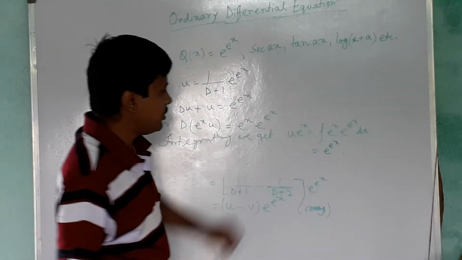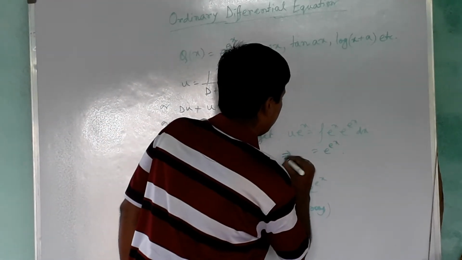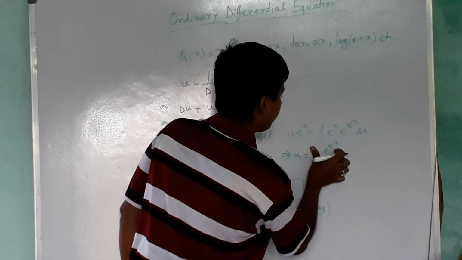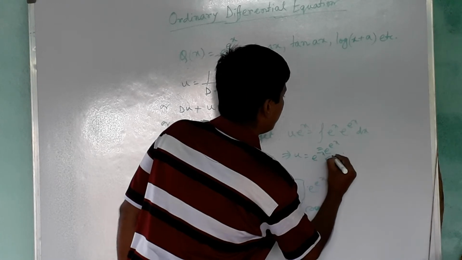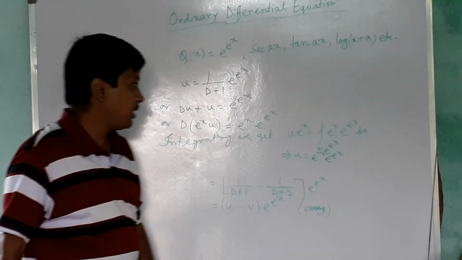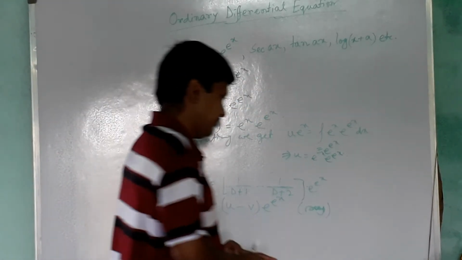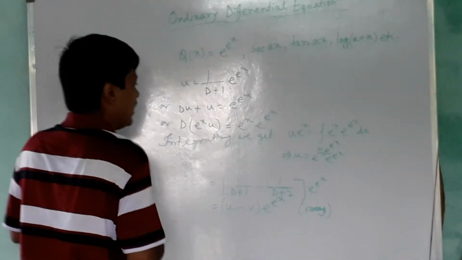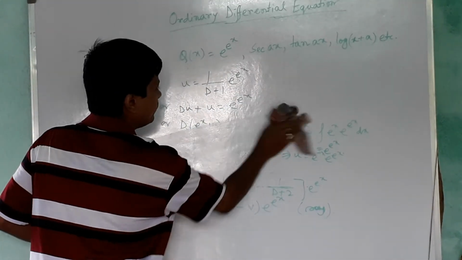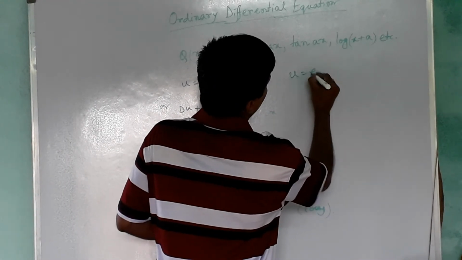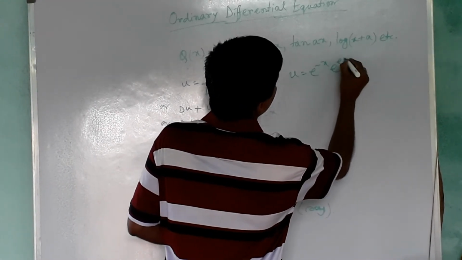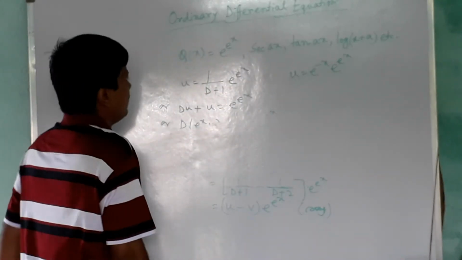So u is equal to e to the power minus x times e to the power (e to the power x).